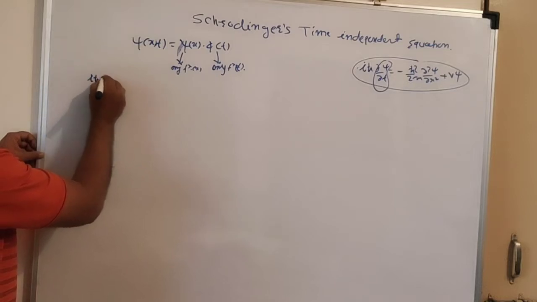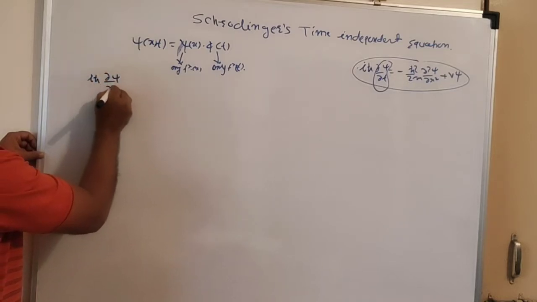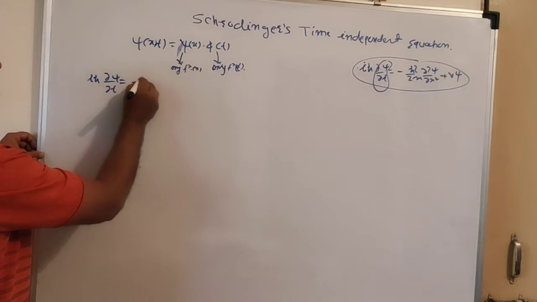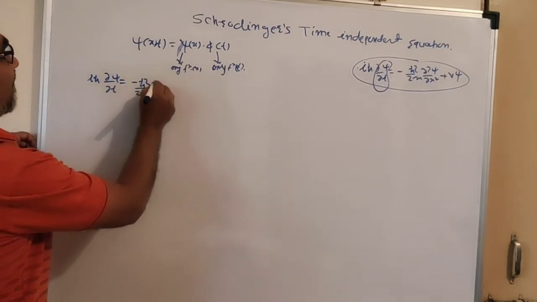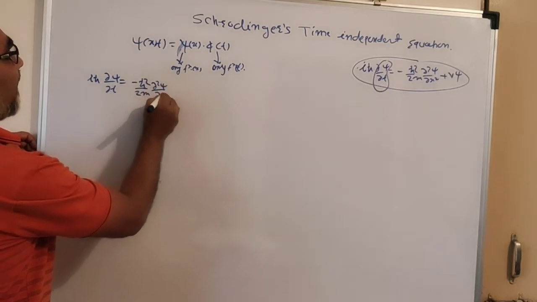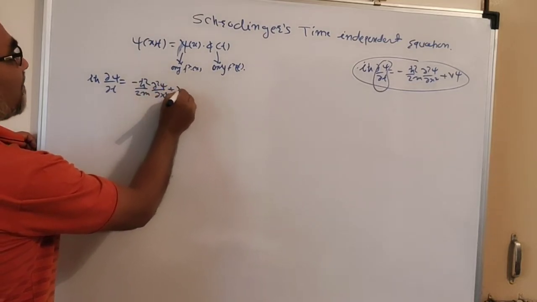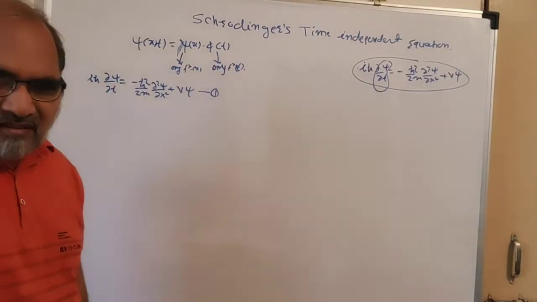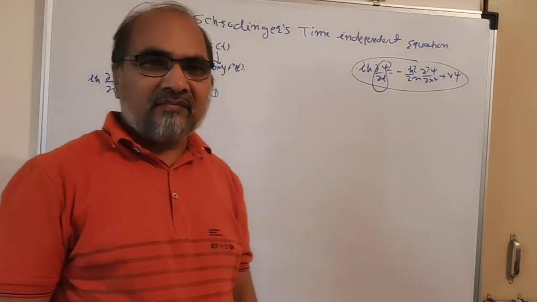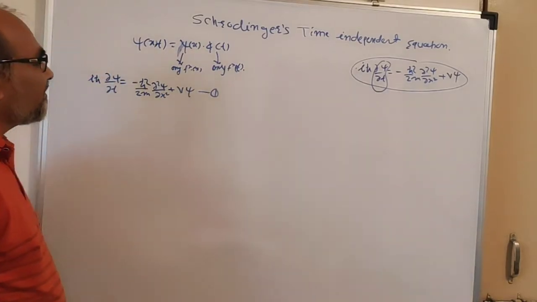So this is iħ ∂ψ/∂t equal to minus ħ² upon 2m ∂²ψ/∂x² plus Vψ, equation 1. This is the one-dimensional Schrodinger's equation.